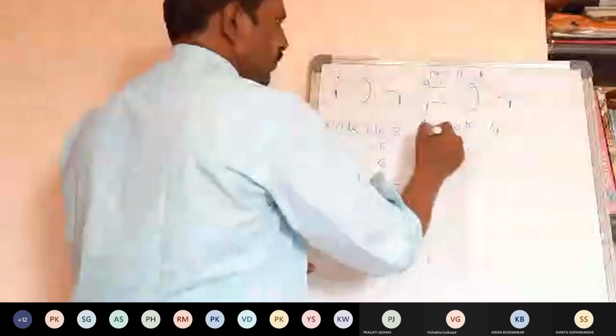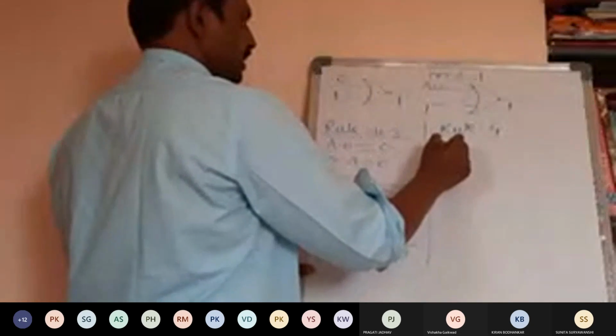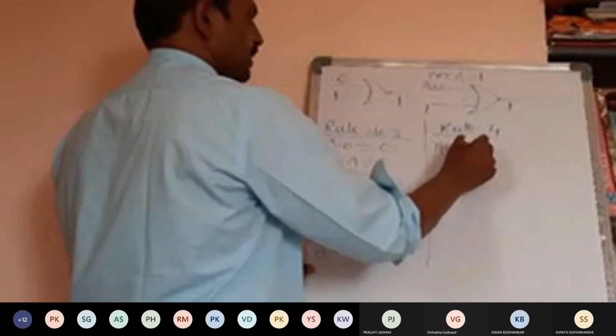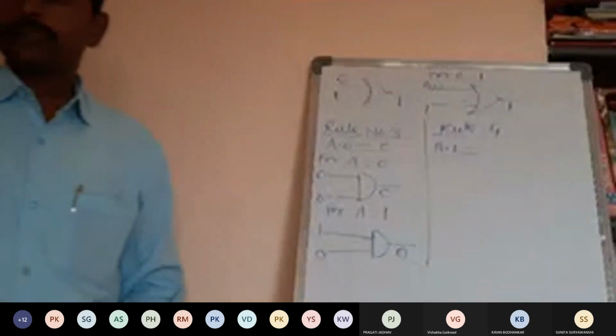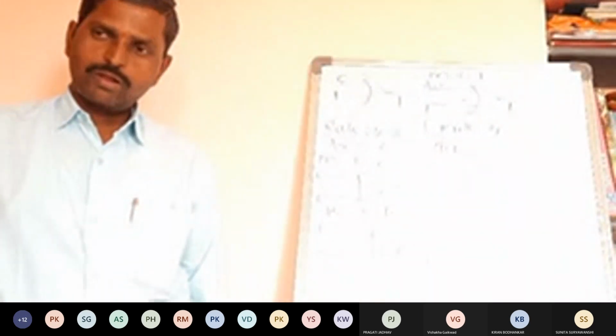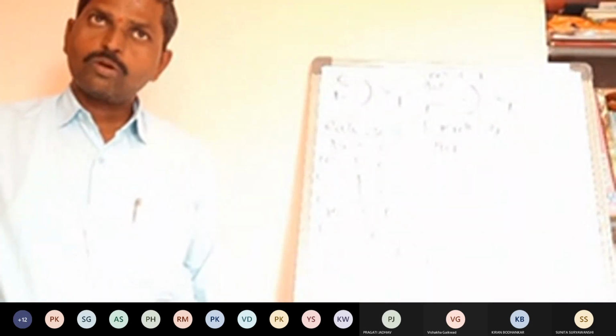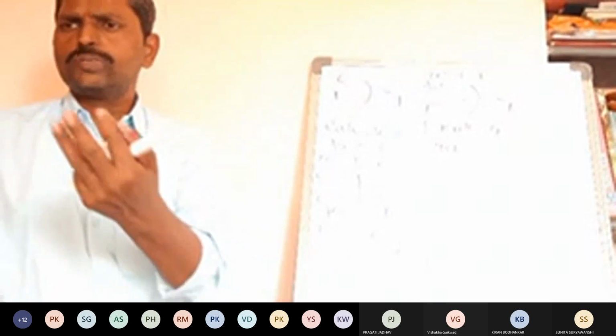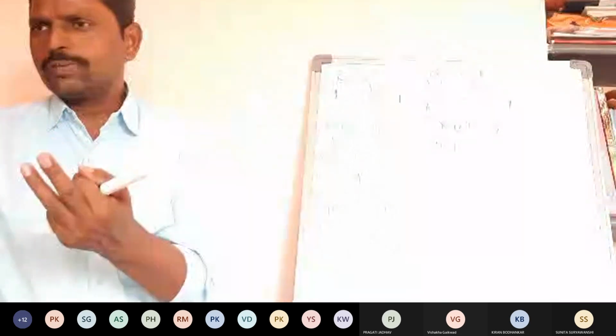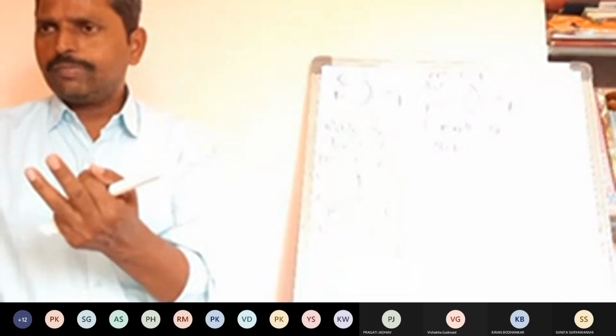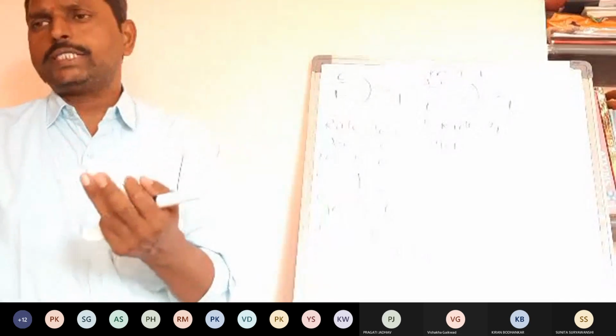Rule number 4, that is a into 1 is equal to what, a, 0 or 1? Think quickly. There are only two possibilities for the value: either a has the value 0 or a has the value 1.